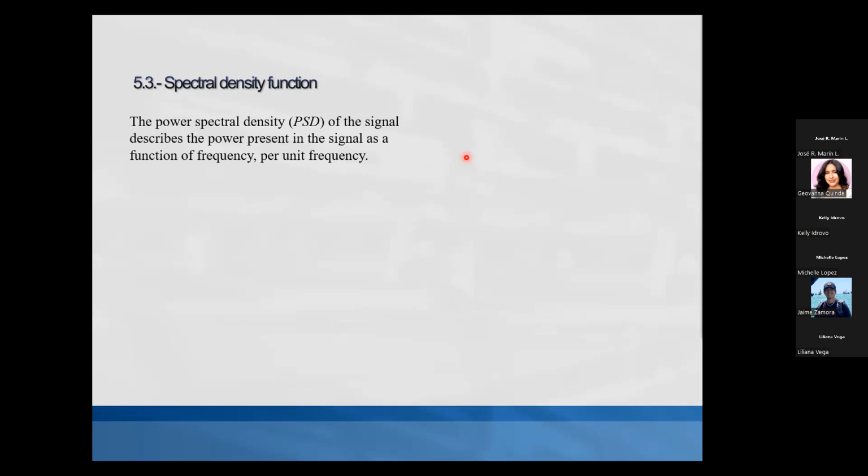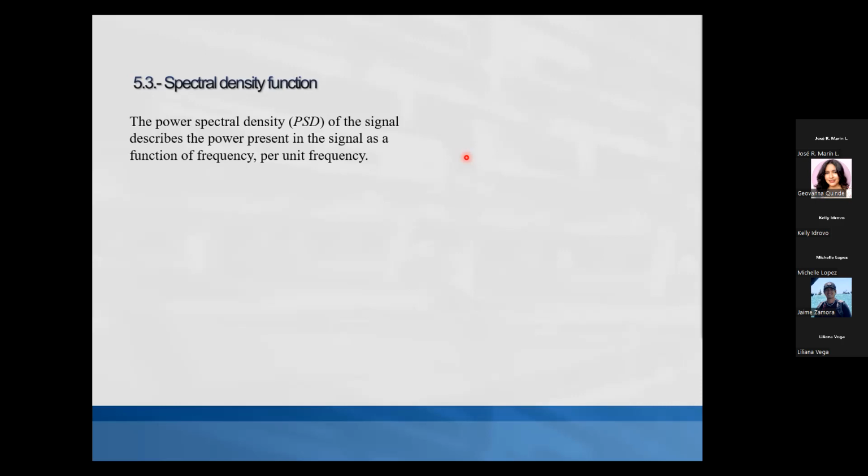So we take an interval in frequency, a delta omega, and calculate the energy in that range. Then, since this delta omega will affect the result, we divide this power by the width of the interval.